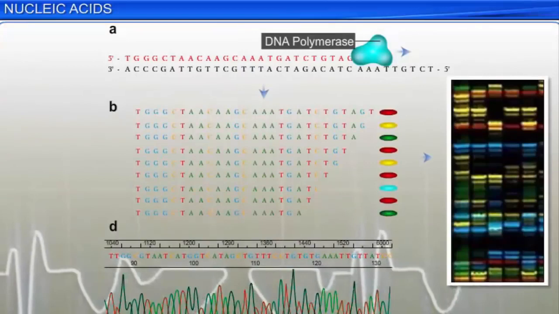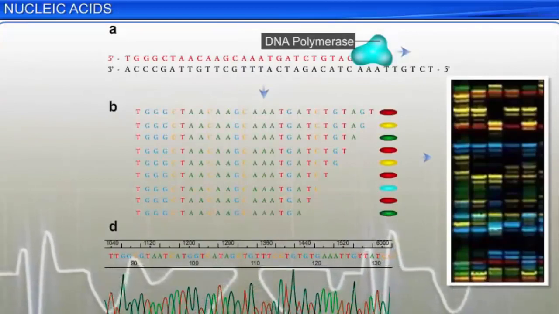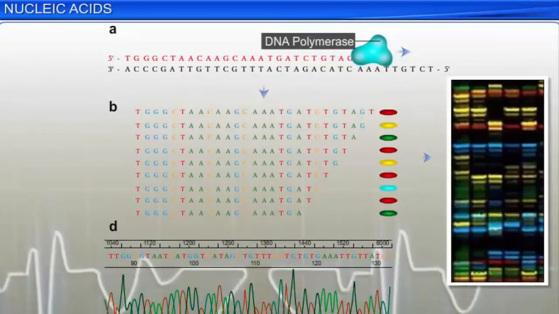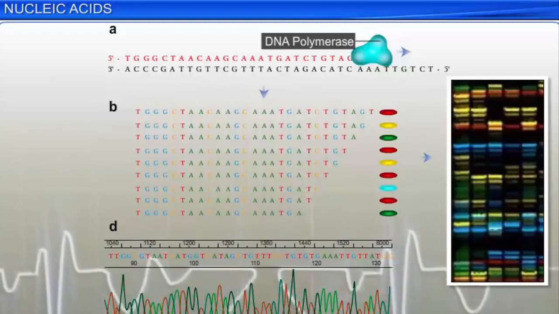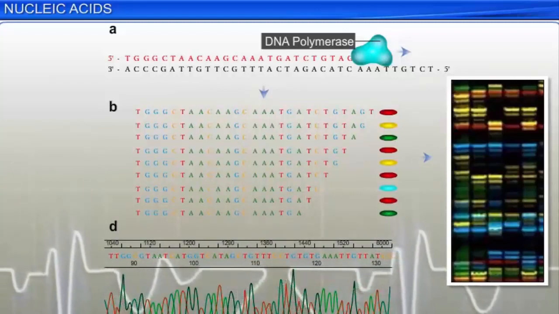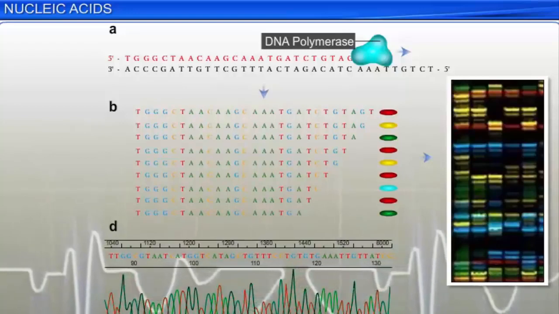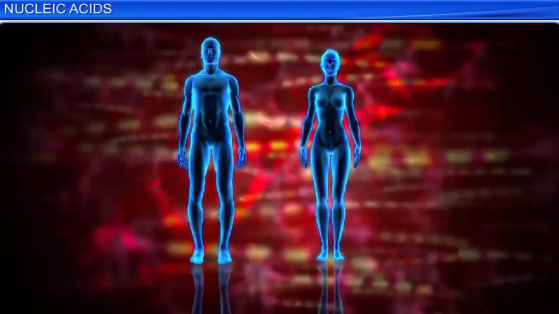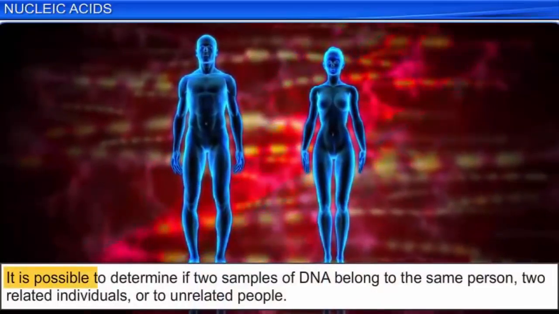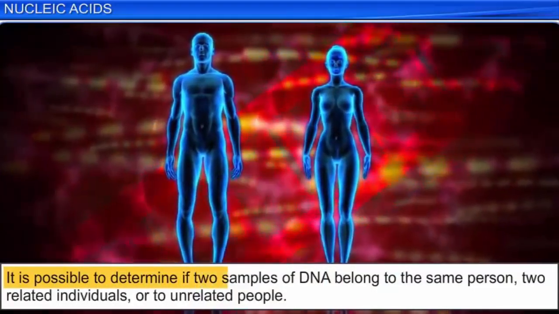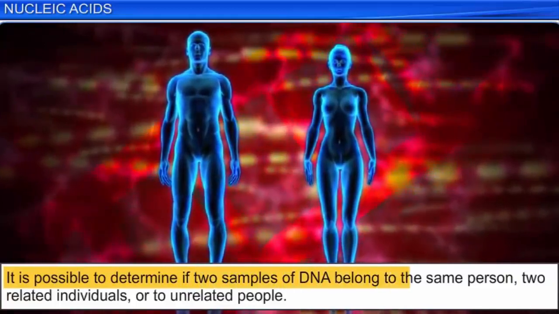Each individual has a unique DNA sequence. Information regarding the sequence of bases on DNA is called DNA fingerprinting. Through DNA fingerprinting, it is possible to determine if 2 samples of DNA belong to the same person, 2 related individuals, or to unrelated people.